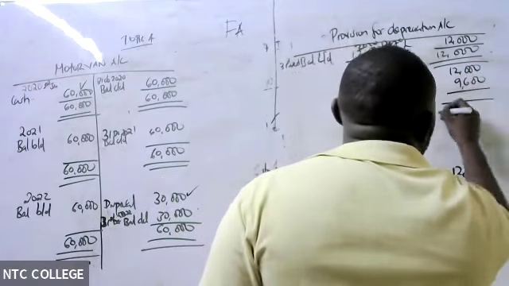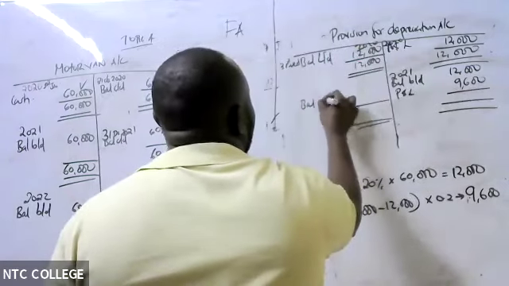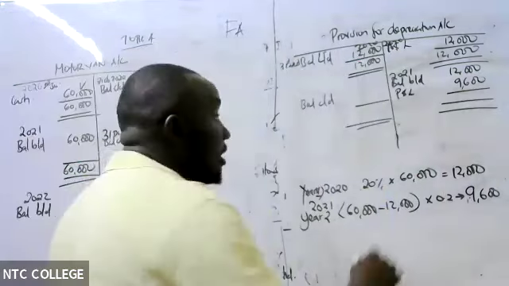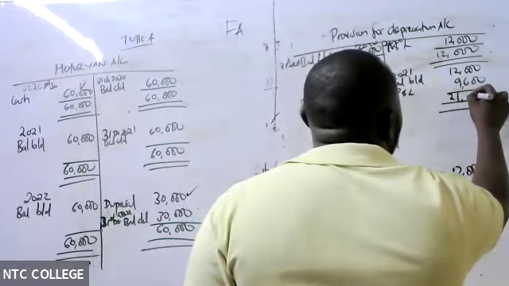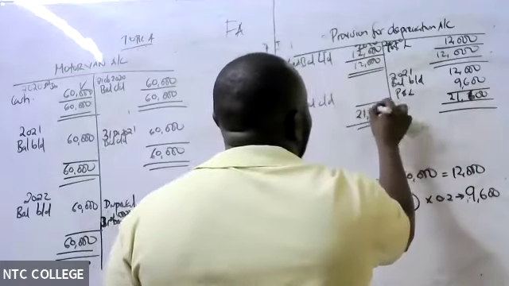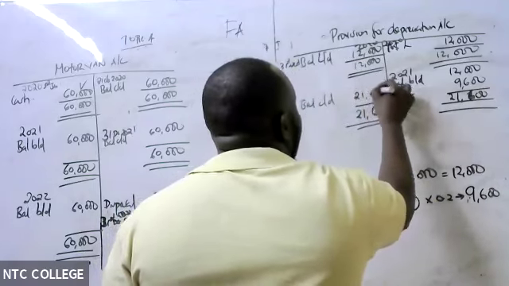So what is the total? Ukiongeza hizo, then you have balance carried down. 9,600 plus 12 should be 21,600. Balance carried down should be 21,600.